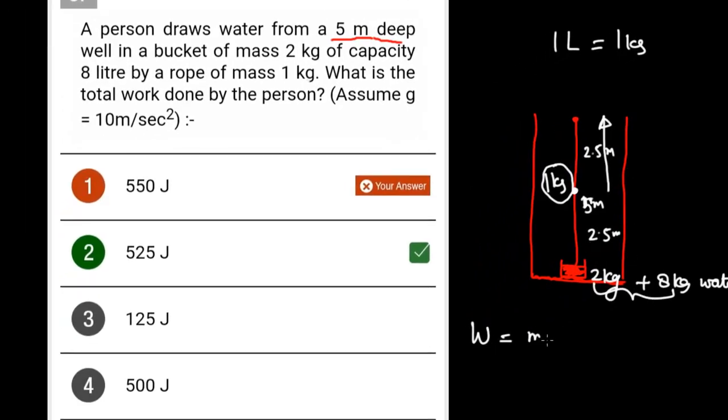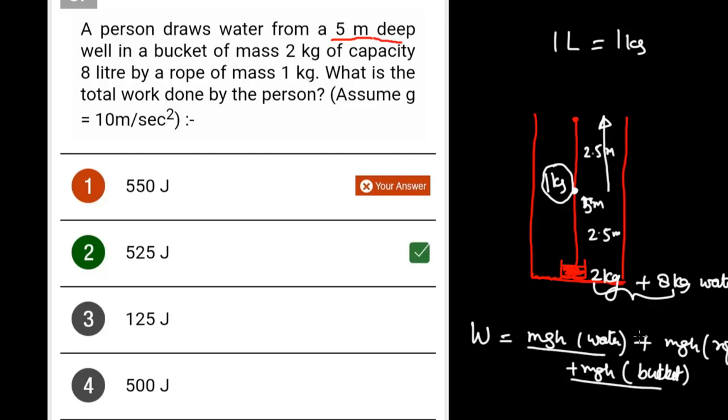So total work done equals m g h for water, plus m g h for the rope, and m g h for the bucket. The water and bucket together are 10 kg, and they have to go up by 5 meters.